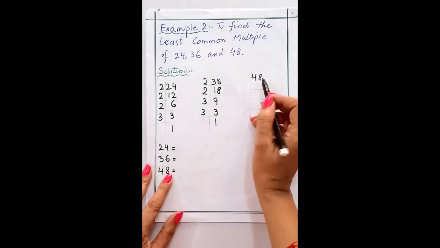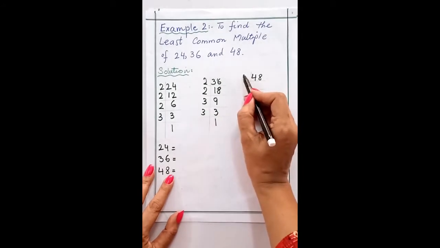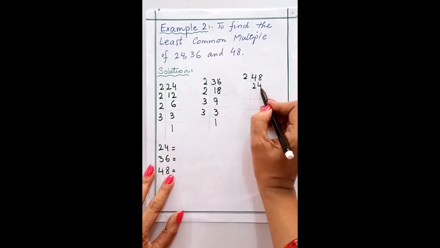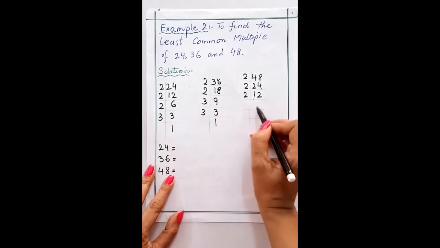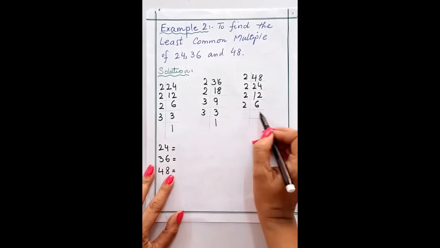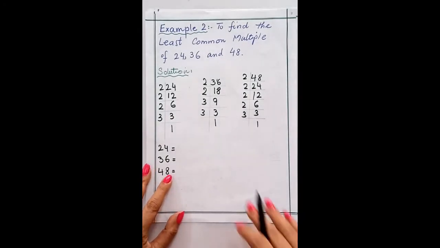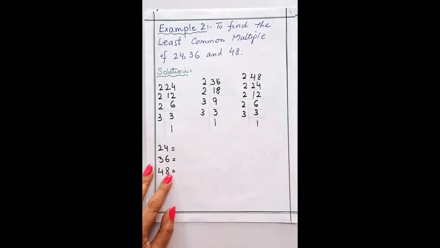Next number is 48. Again it will divide by 2. 2 2s are 4, 2 4s are 8, 2 1s are 2, 2 2s are 4, 2 6s are 12, 2 3s are 6 and 3 1s are 3. Now students, we will write all the prime factors.